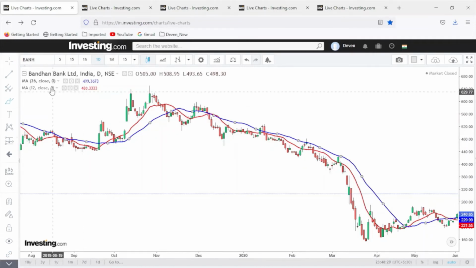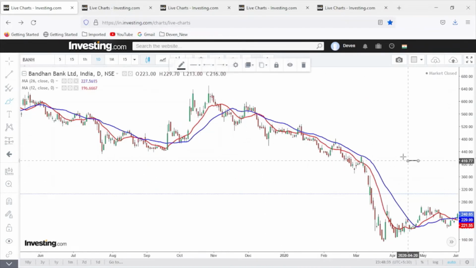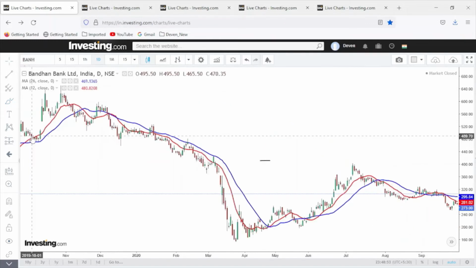Now this is 12 and 26. Now this also gives you signals, but you can see there is lots of noise in the signals. So just to avoid the noise, we take the EMAs or the moving average as 50 and 20.